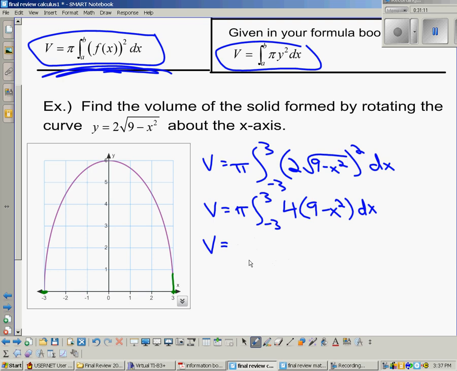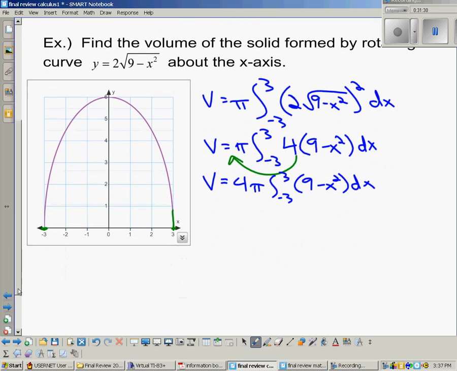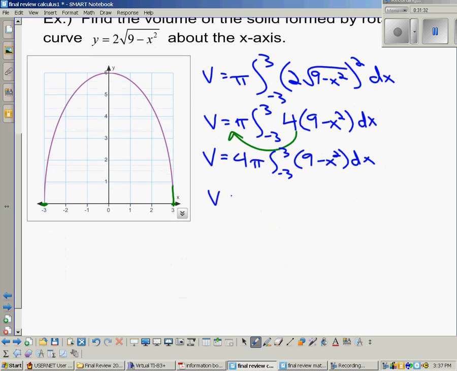Or I could multiply it in and call it 36 minus 4x squared. Doesn't matter. So I can pull it out before integrating. Gives me 4 pi. Again, if you've got a subtly different way of doing this that gets you to the right answer, fantastic. Please do that. So I get 4 pi times.